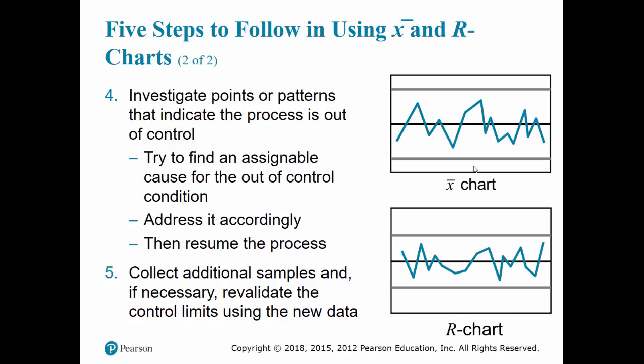So at the time of developing the chart limits, you may take samples every 15 minutes. Whereas when you apply the approved charts, you may take samples every hour or every 2 hours or even once a shift.